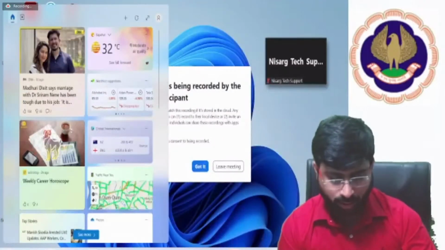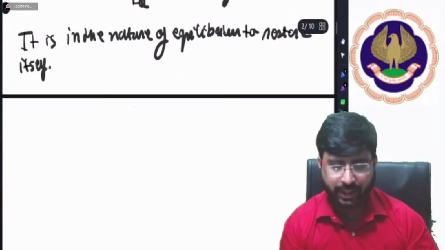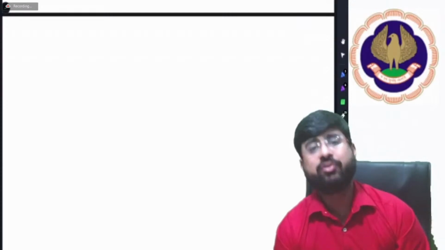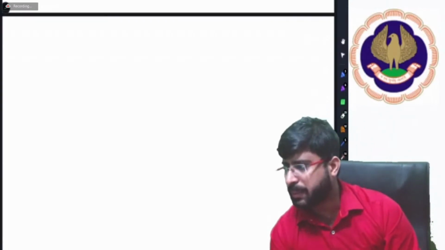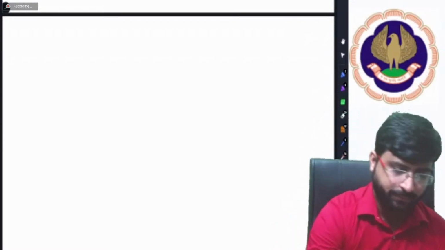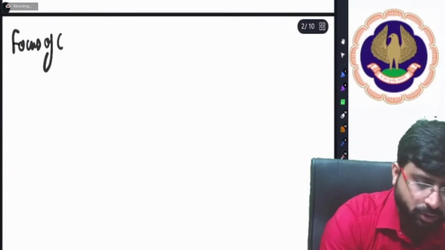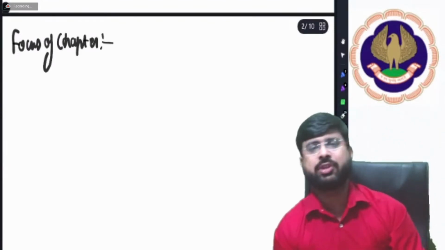Now moving on. Let's pay attention to what is going on beyond this. Now we have to study the impact of changes in demand and supply on the equilibrium level. What is the focus of this chapter?